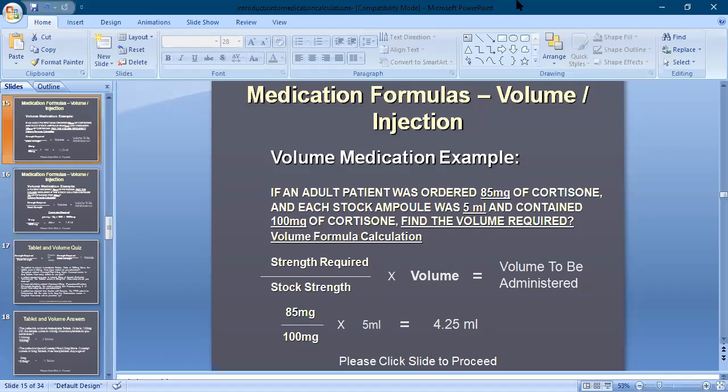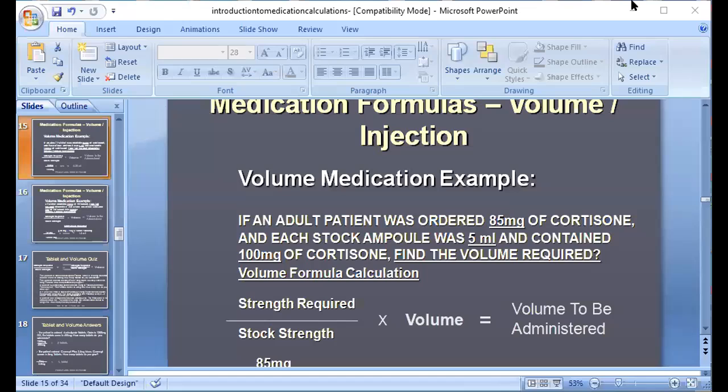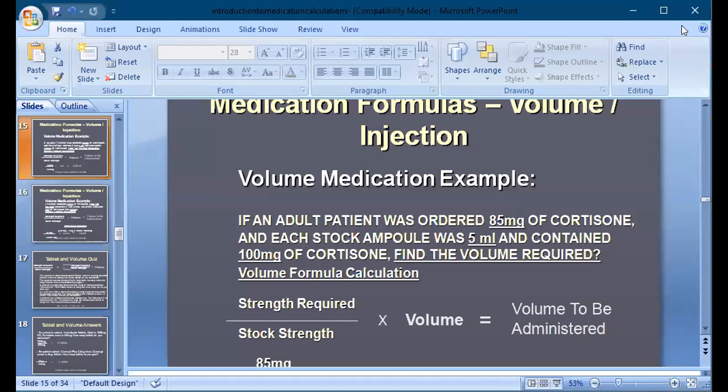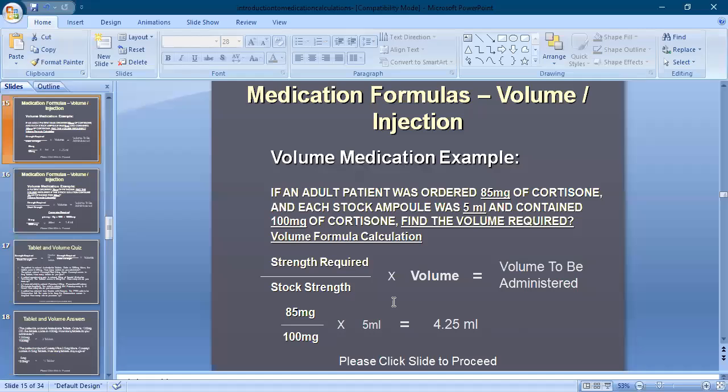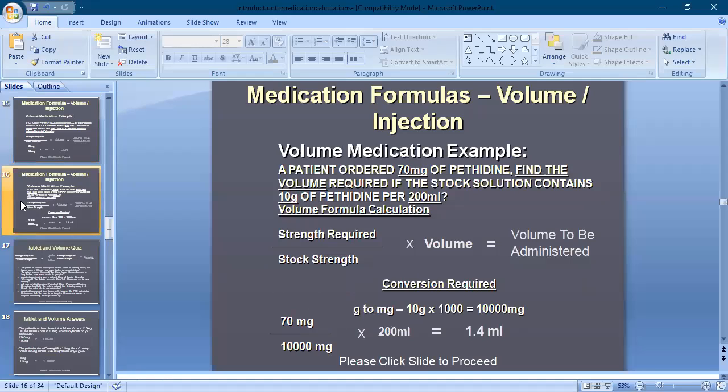So here, we said it is 4.25 milliliter. And go next, another example we left, also the same but a different way to explain.